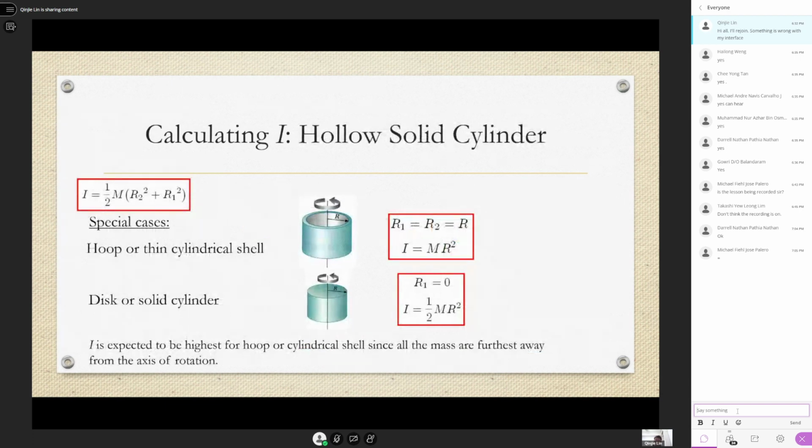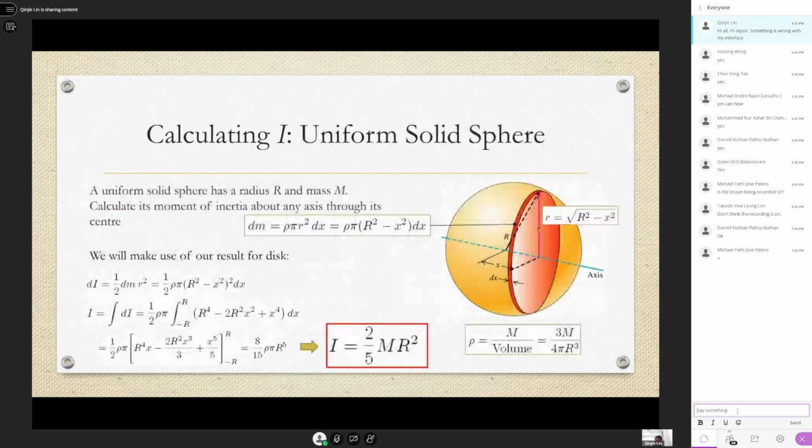Yeah, so that's our cylinder. We can also do the same for a sphere. Let's say we have this sphere of radius r and mass m. How we cut this is we cut it into small discs. This is a 3D visualization.